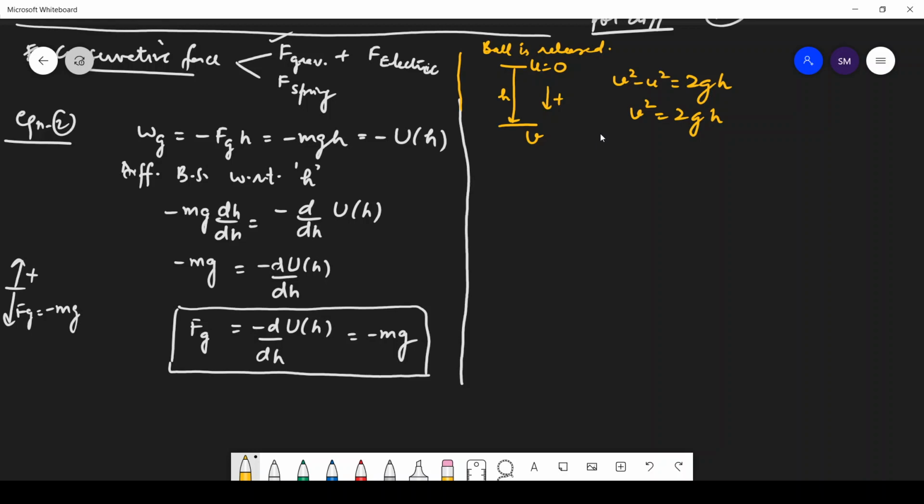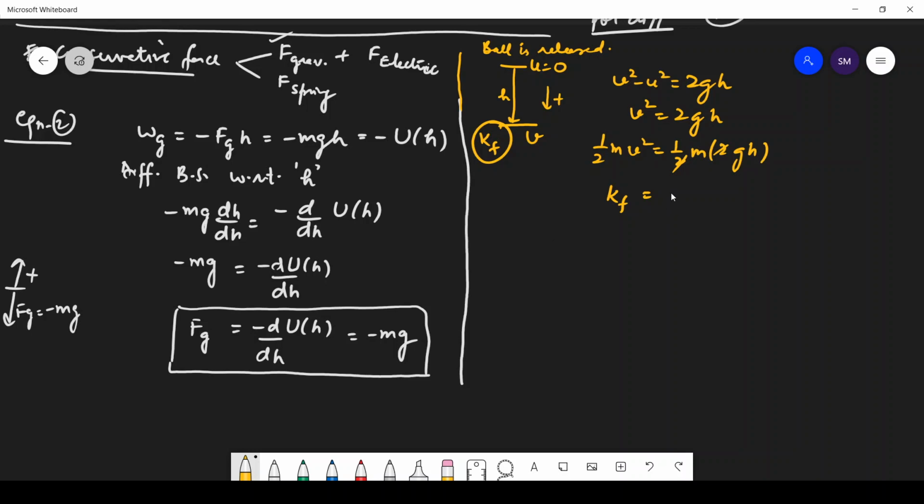So now I'm telling you that this is changed into kinetic energy. So what is the kinetic energy? I'm interested in kinetic energy here. So for kinetic energy, you need to multiply both sides with half m. We have done it earlier also. So this is Kf, final kinetic energy, and what does this mgh equal to?